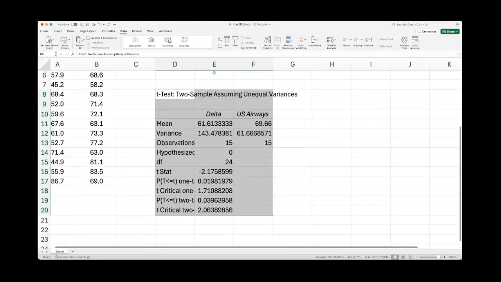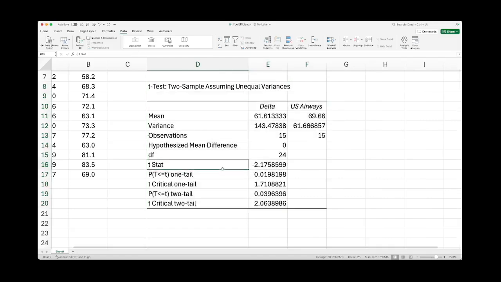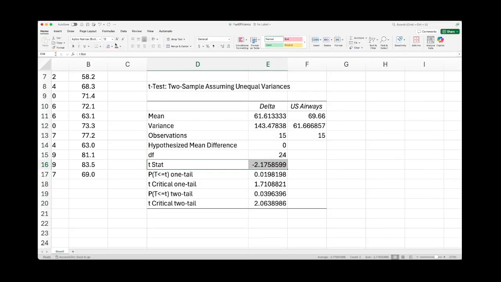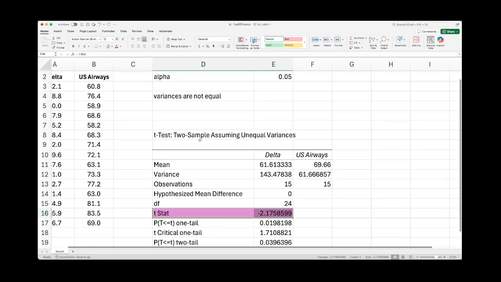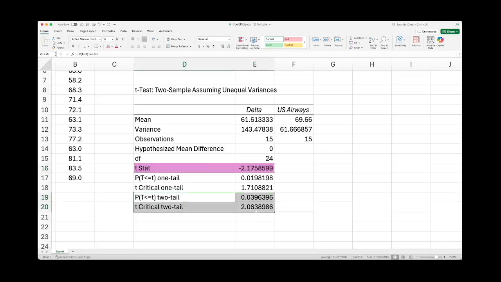So let's take a look at what this is showing us. We have all of this information here. This thing labeled t-stat is our test statistic. Our hypotheses were that the difference in means is equal to 0 and the alternative was not equal to 0. So that's a two-tailed test, which means I'm interested in these two-tail values.